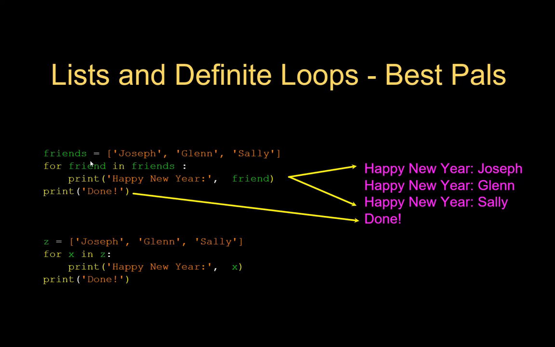But Python, strictly speaking, doesn't differentiate between friends or friend or Z and X in this case.